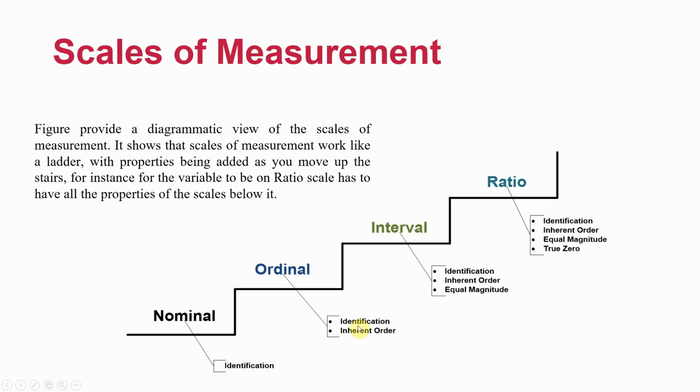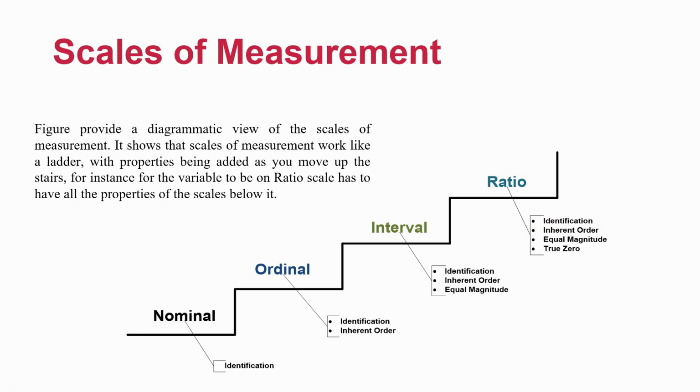Ordinal has two properties, identification and inherent order. So ordinal actually takes on the properties of nominal as well. Interval has three properties, identification, inherent order, and one added property, equal interval. Ratio has four properties, obviously one from nominal, one from ordinal, one from interval, and its own property of true zero.